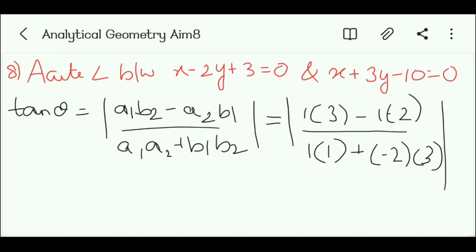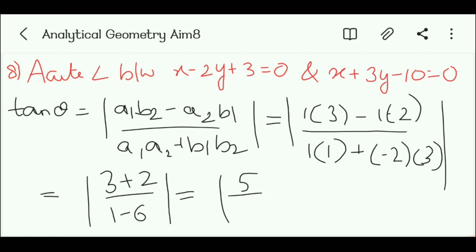Minus and plus will not make a big change because it is in modulus, so it will be positive only in the end. So it is 3 plus 2 by 1 minus 6, that is 5 by minus 5, which is nothing but plus 1 only because it is in modulus. So tan theta is equal to 1.